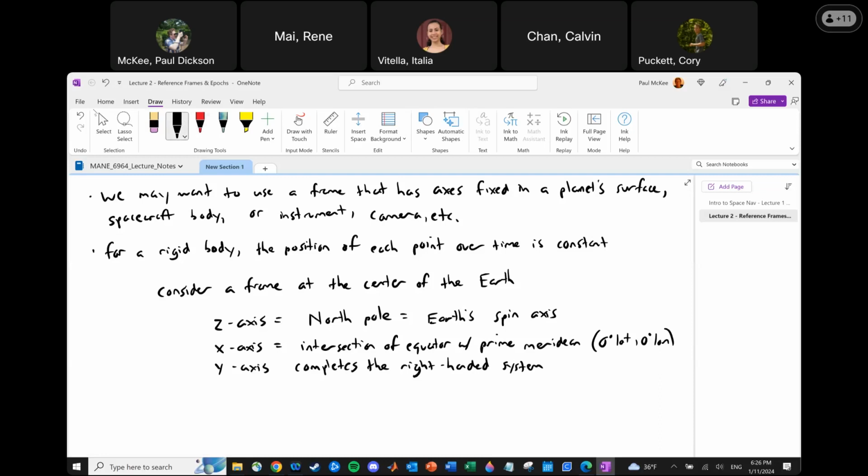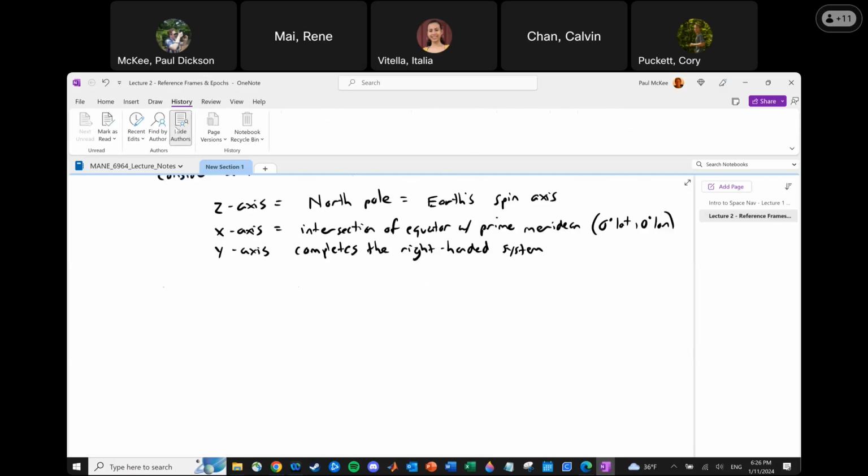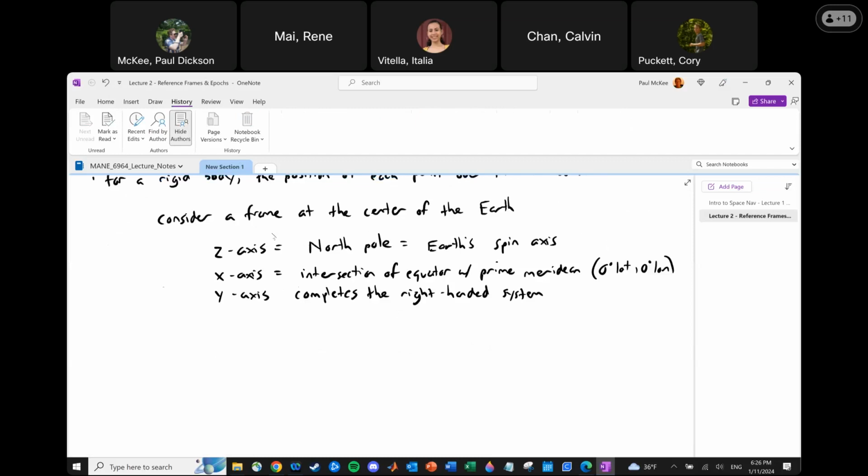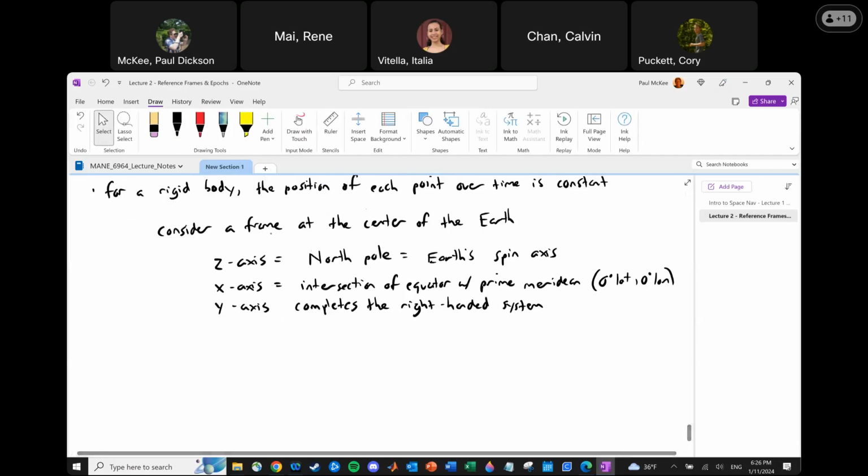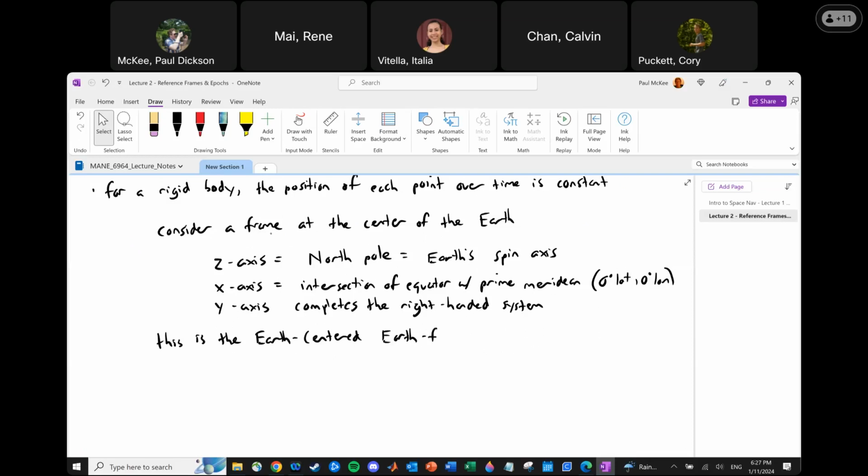All right, so this is what we call, and we already alluded to this, the Earth-centered Earth-fixed frame, or what we call ECEF.